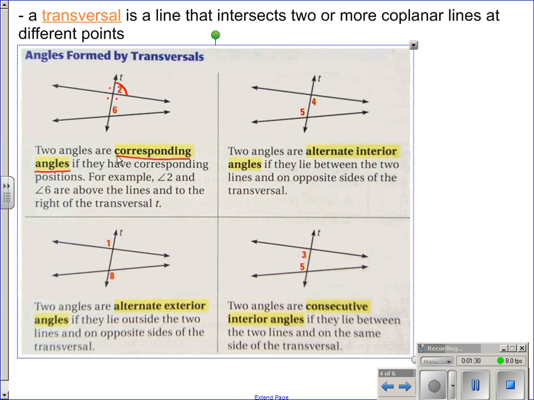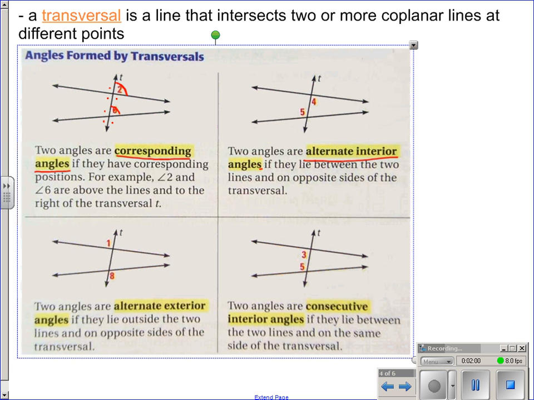You look at the bottom line with the transversal. Of these four angles, angle 6 is also in the upper right position. That's the idea of corresponding angles. They are in corresponding positions. Angle 2, angle 6, they are both in the upper right of the four angles being formed with the lines and the transversal. 2 and 6 are in the upper right. They're corresponding.